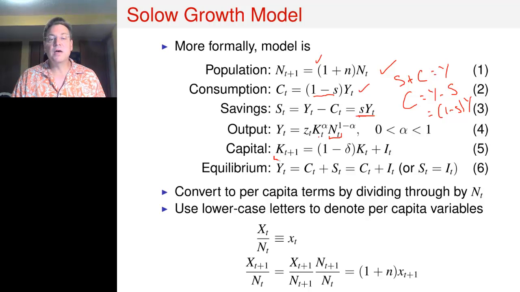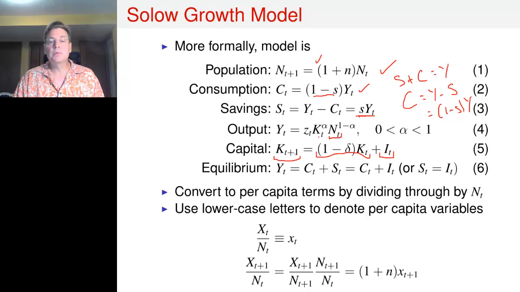Equation 5 is how capital accumulates over time. So the capital stock that you have for producing goods next period depends on 1 minus delta times the capital stock that you had today. So this is just the undepreciated capital, plus the new purchases of capital, which is investment.